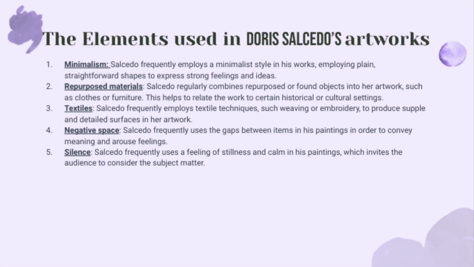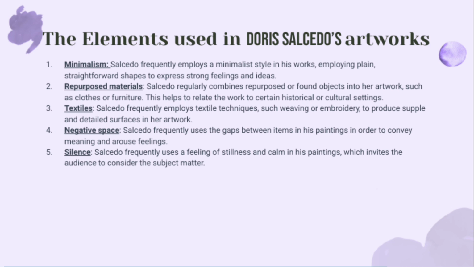The elements used in Doris Salcido's artworks. There are 5 main ones that I've concluded: minimalism, repurposed materials, textiles, negative space, and silence.